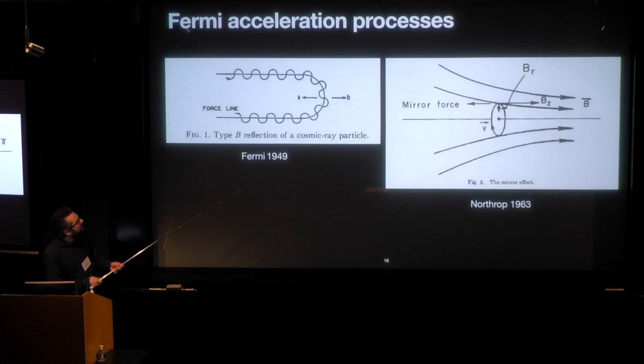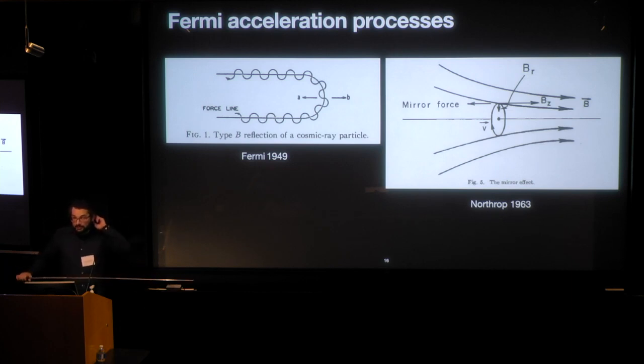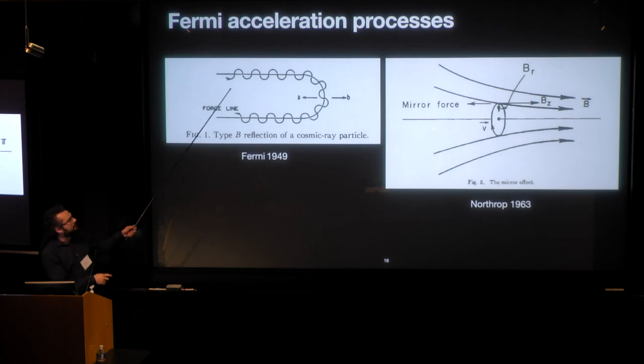So if we have a magnetic field line, this was proposed as an explanation of cosmic ray acceleration in the 50s by Enrico Fermi. Both of those processes, actually. We have a particle that moves around the magnetic field line and also meets a perturbation in this magnetic field line.